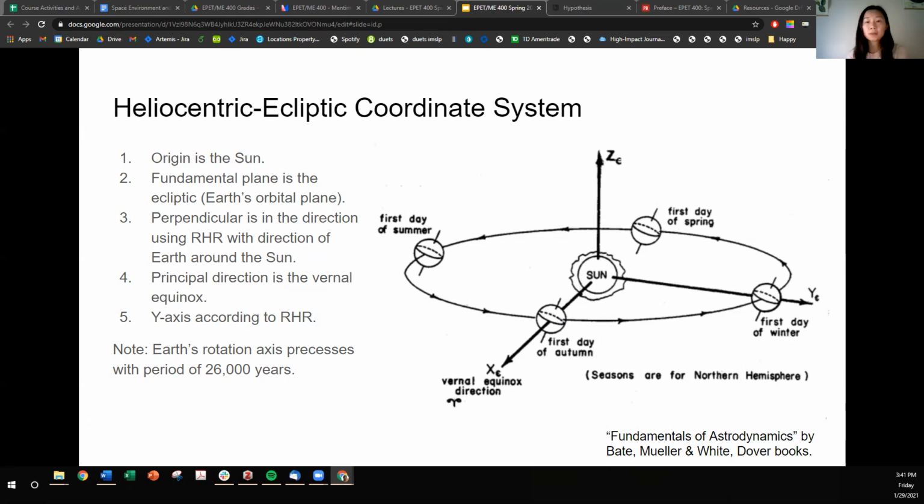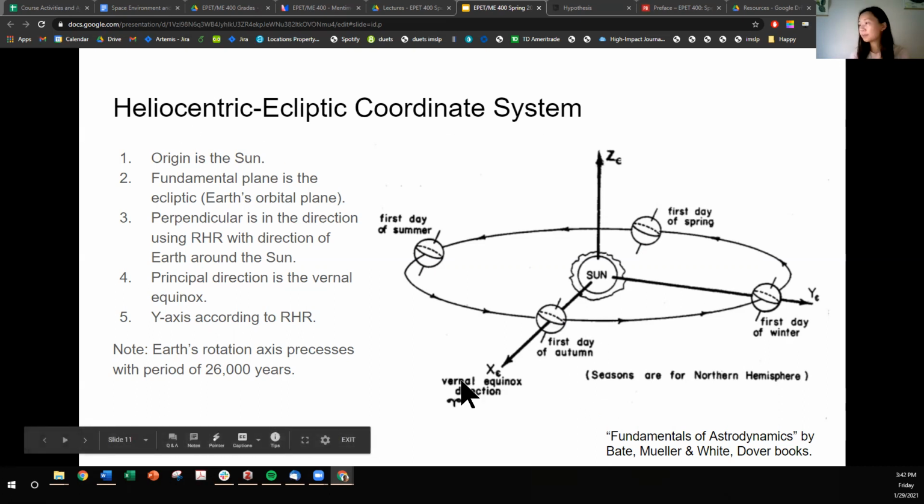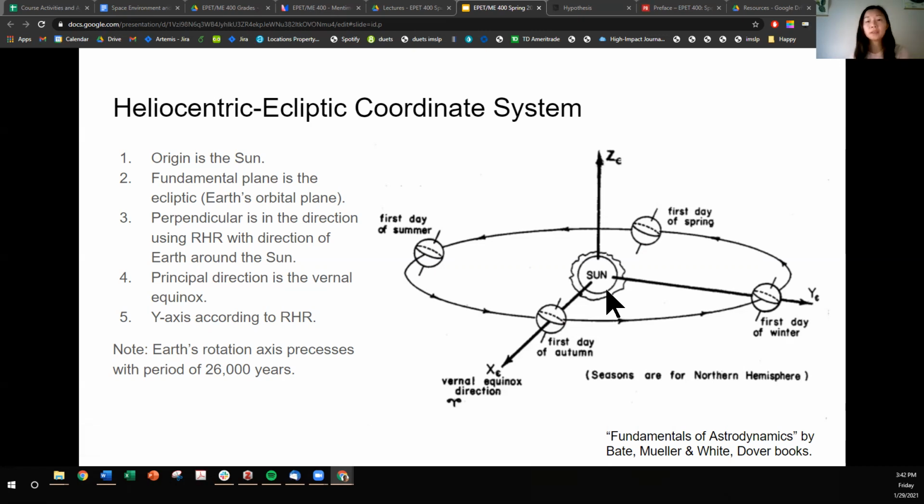The system's origin can be the center of either the Sun or Earth. Its primary direction is towards the vernal or March equinox, and it has a right-hand convention. This system is particularly useful when you are traveling through the solar system to another planet.